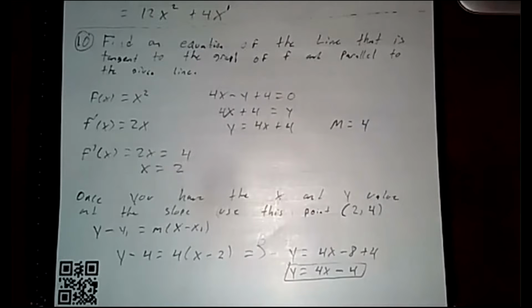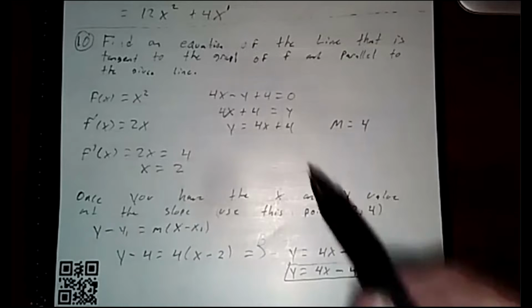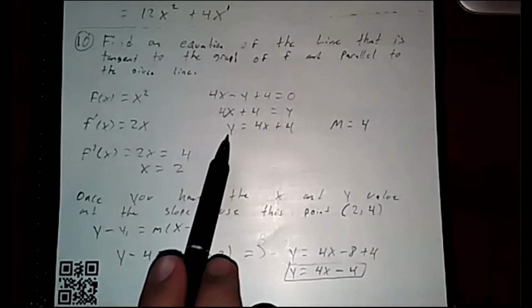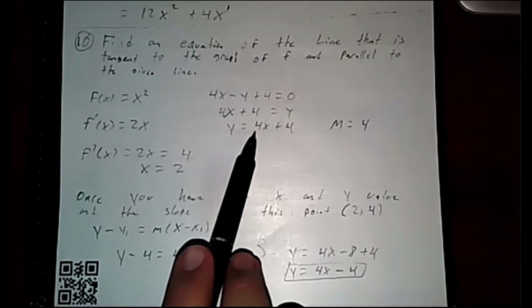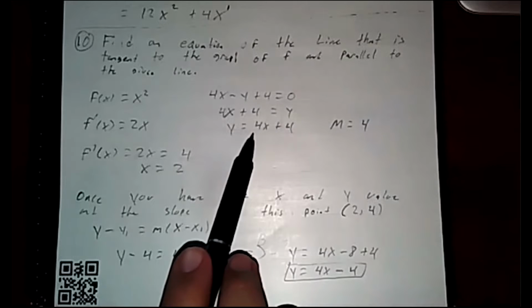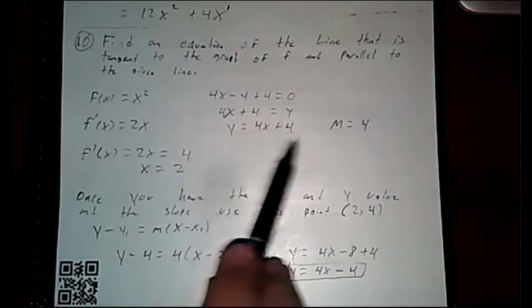So I don't know if I was supposed to add that or multiply it or something. No, you just solve for y any way you want. As long as y is isolated, you can then identify the slope. So get to here however you want to do it.